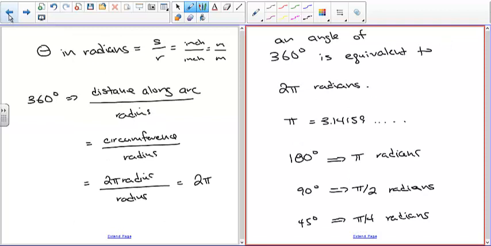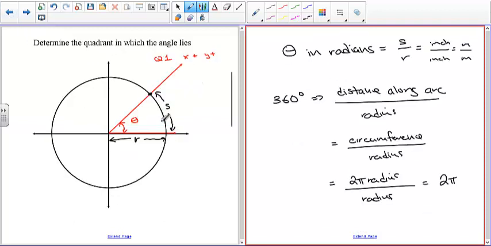That's the definition of theta. So why is this important? Well, in a lot of mathematics, physics, and engineering, the calculations are much simpler if you represent theta in terms of radians than if you do it in degrees. Also, radians have no units.